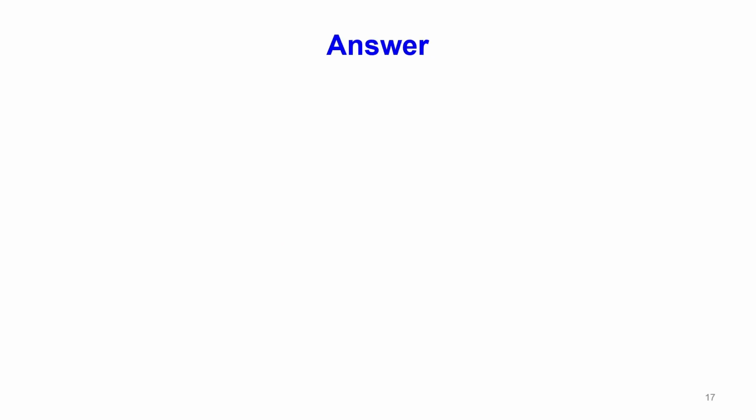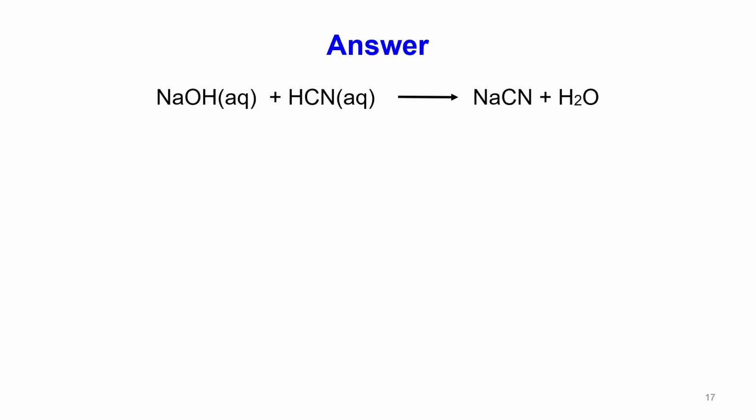So first of all, the equation is between NaOH and HCN. NaOH is a strong base and HCN is a weak acid. So we get NaCN, the salt.